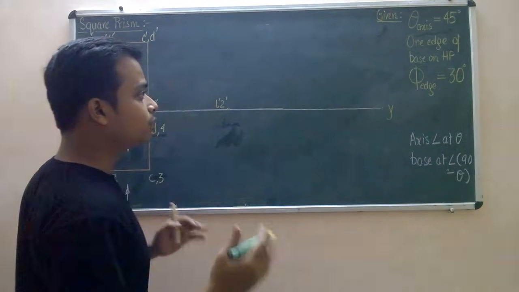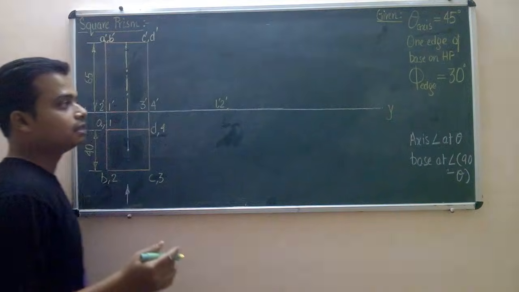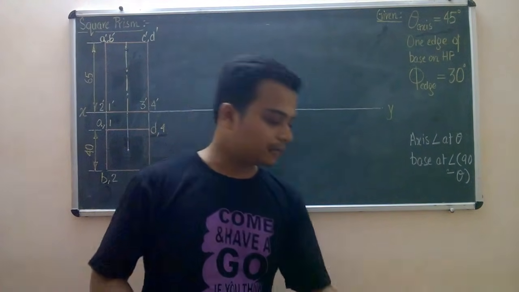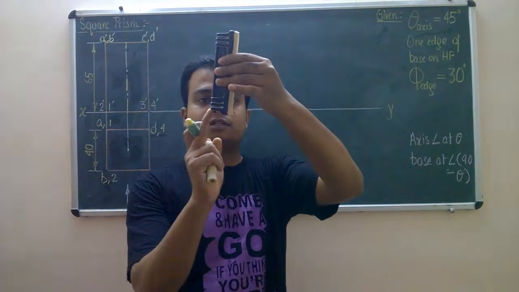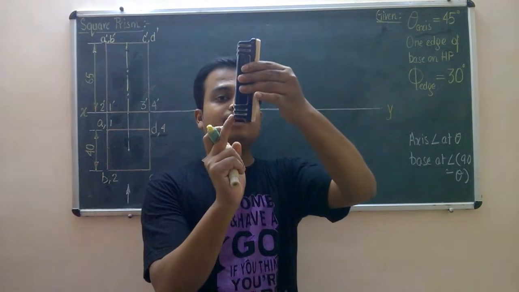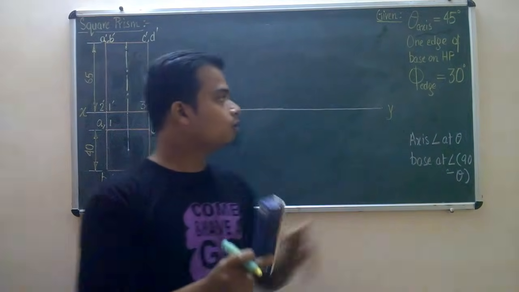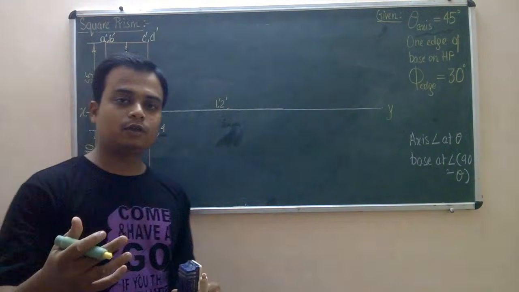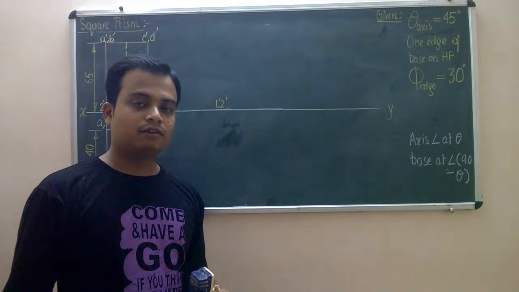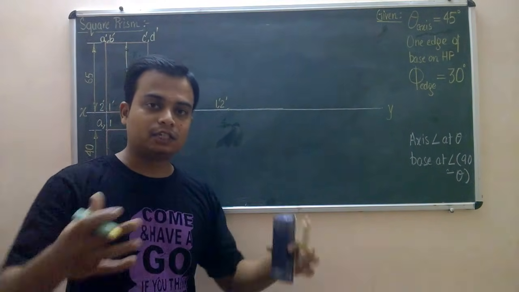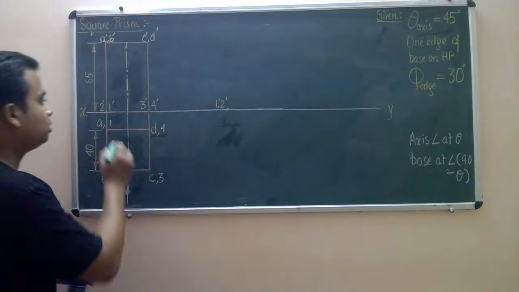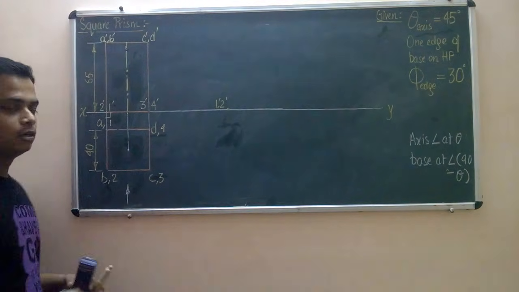Acha, one more thing which I forgot to mention to you guys is that there is a particular edge on the base, say this edge, which will make a 30-degree angle with the vertical plane. Any edge or side which finally makes a certain angle either with HP or VP has to be kept perpendicular to XY.